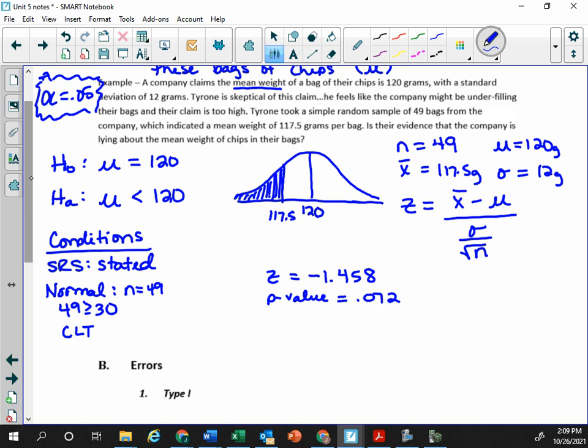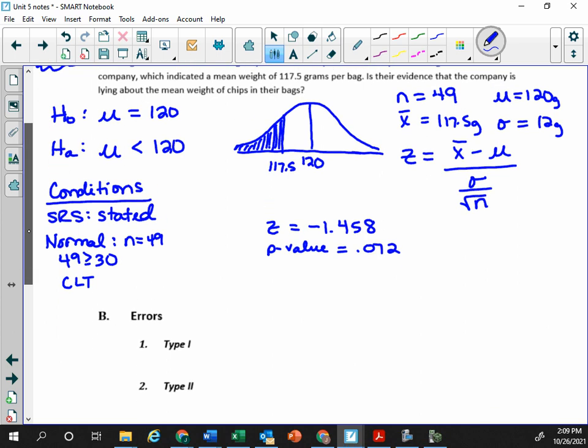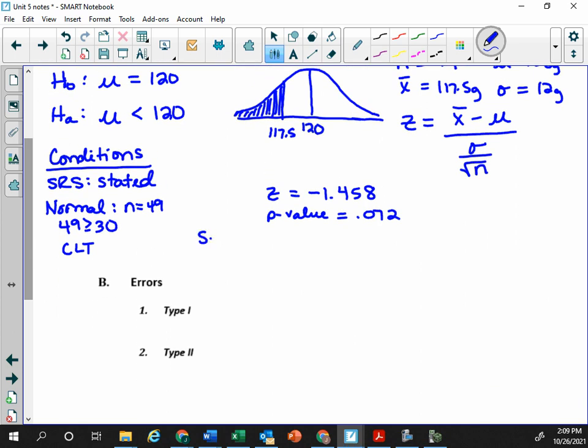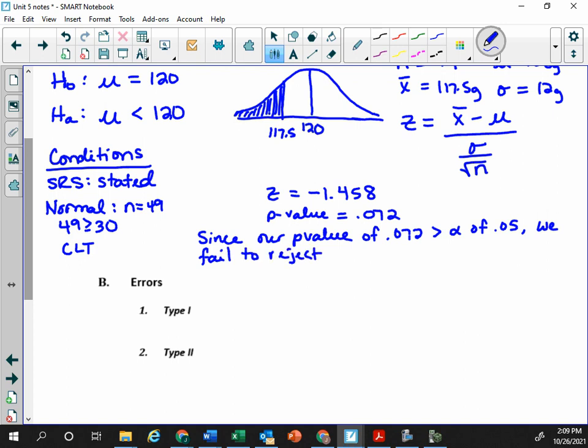Is my p-value greater than or less than my alpha? Greater than. It is bigger. So in our conclusion, we say since our p-value of 0.072 is greater than alpha of 0.05, we fail to reject our null hypothesis.